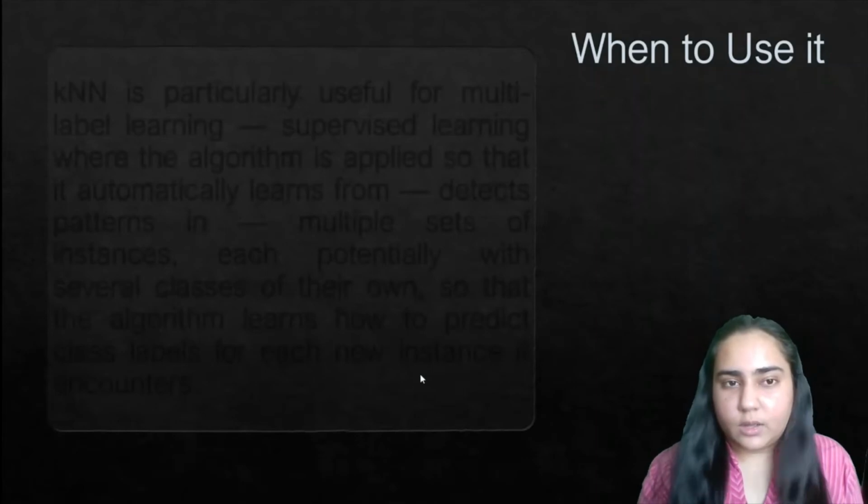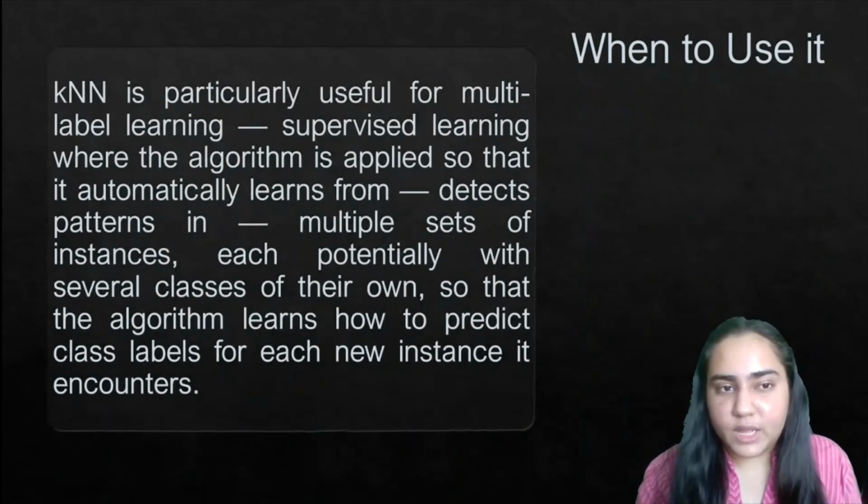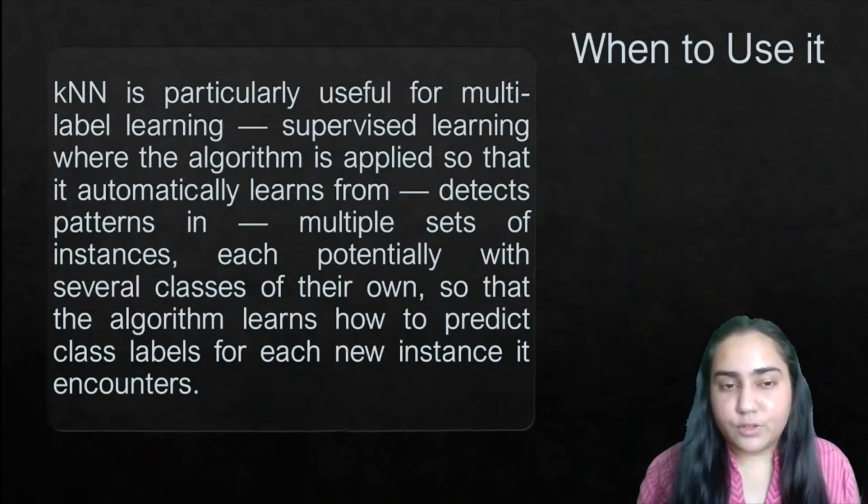Now, when should you use a kNN algorithm? What would be an appropriate time or situation to use kNN? kNN is particularly useful for multi-label learning, that is called supervised learning, where the algorithm automatically learns from what is already present.